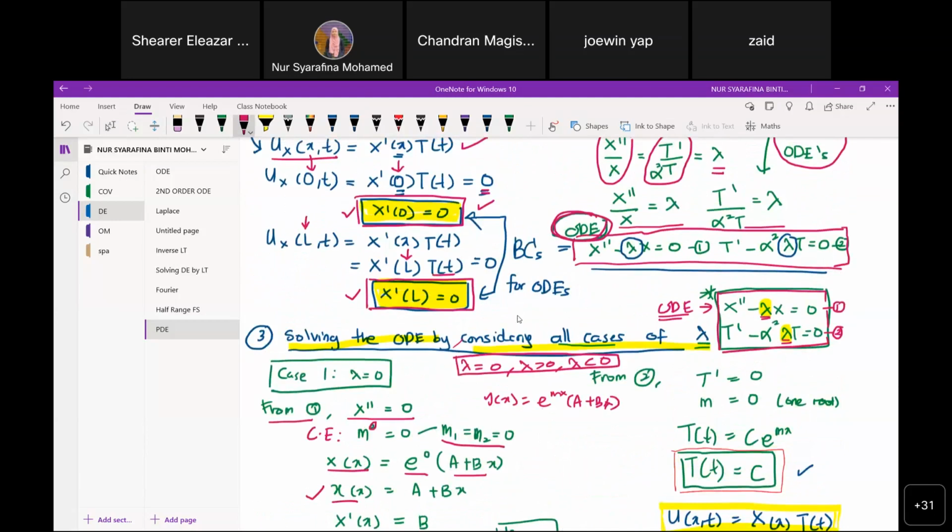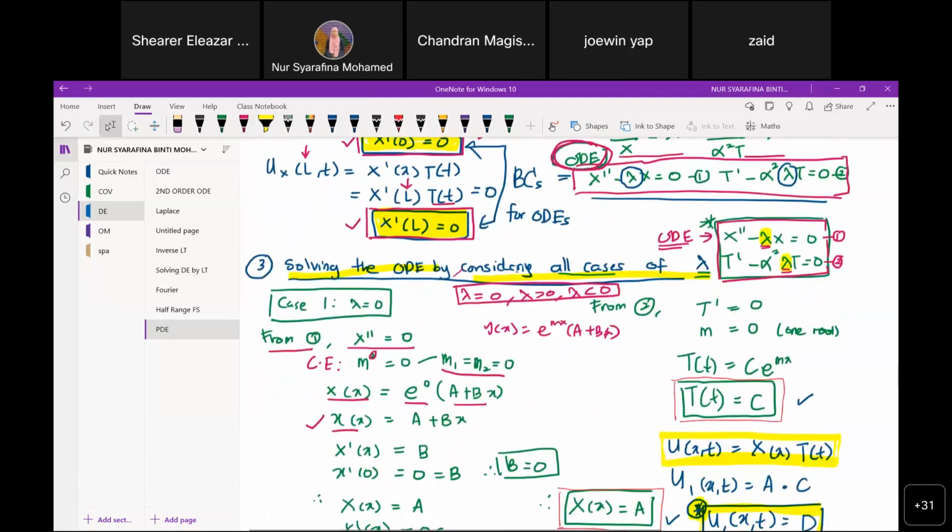So we have to differentiate to find X'. X is A plus Bx, then X' is B. When x is 0, it equals 0, meaning that B equals 0. When B equals 0, X now becomes A.